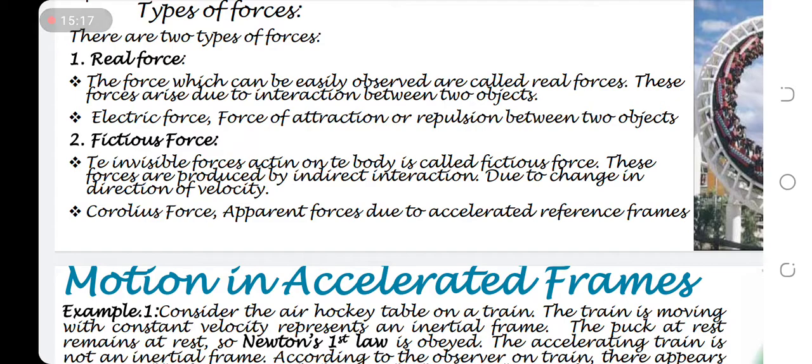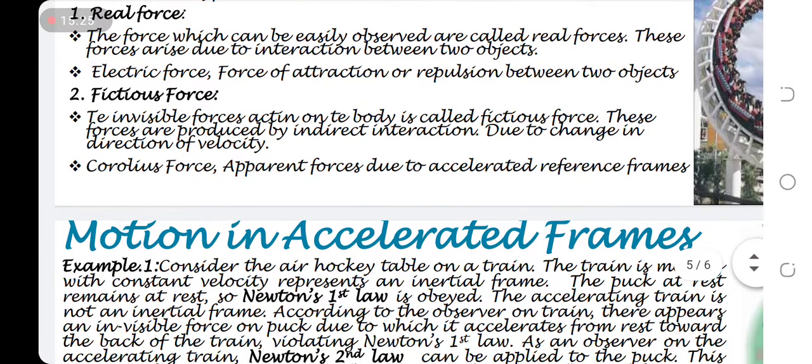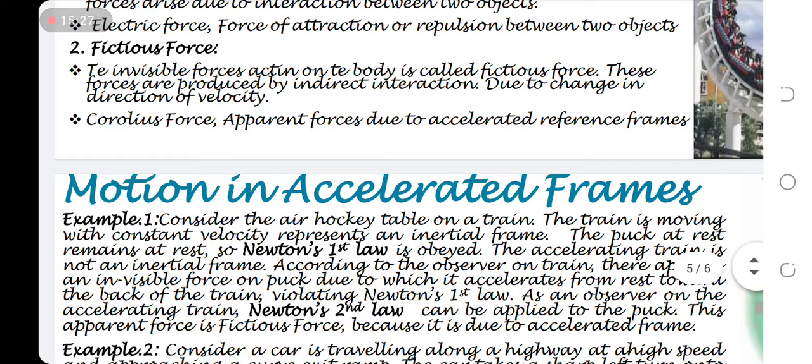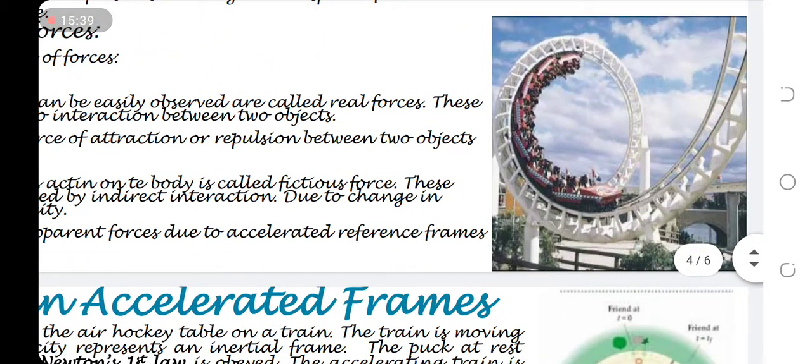These forces are produced by indirect interaction due to a change in direction of velocity. Examples of fictitious forces are the Coriolis force and apparent forces due to accelerated frames. So many examples will be there.